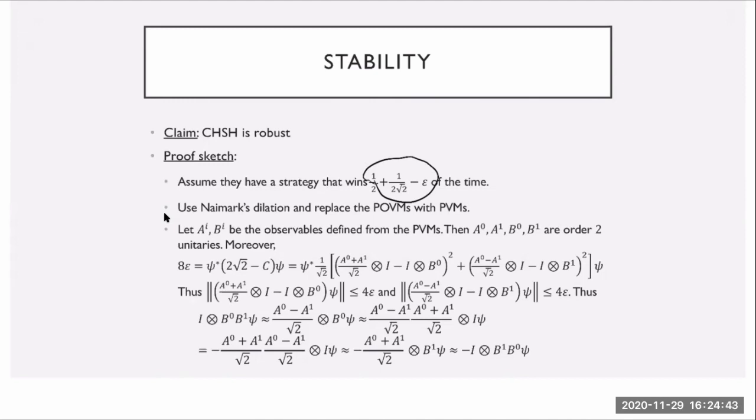Let's recall the calculation from last time. We saw that psi star C psi was exactly 4 times the winning probability minus the losing probability.